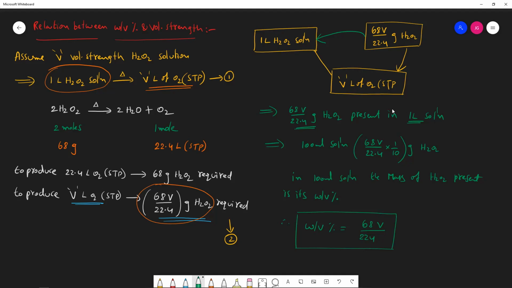So now here, in the place of V, you can substitute any volume strength. Say for example, if you want to calculate the weight by volume percentage of 10 volume strength H2O2, then simply put V equal to 10. Then you are going to get the required answer. Okay, so next we'll see how this volume strength is connected to molarity and normality.